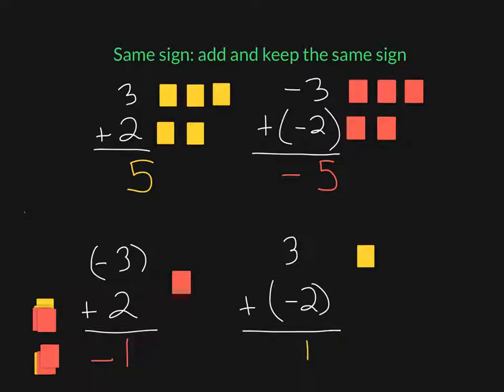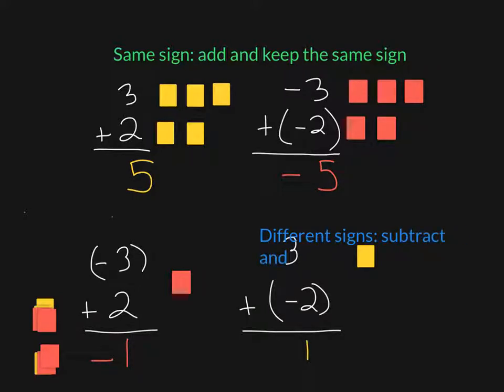So we can see from here when our signs are different, instead of adding, we will subtract. Think of it as subtracting or taking away the opposites.